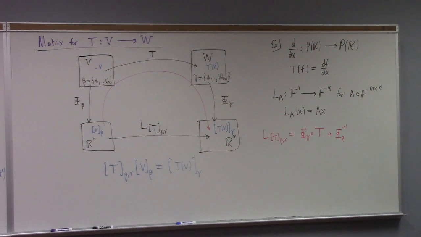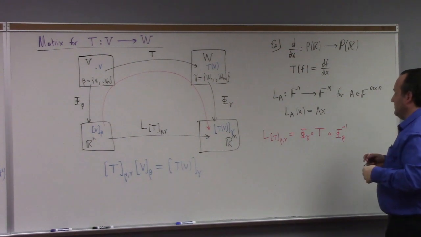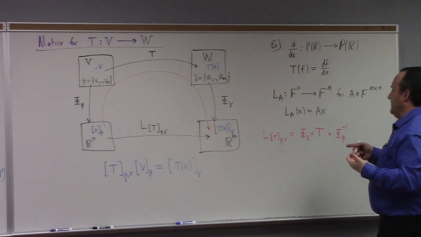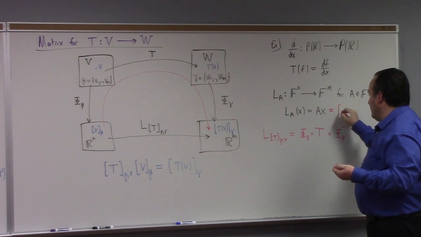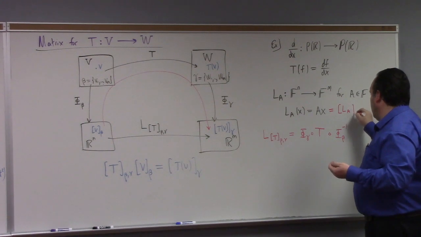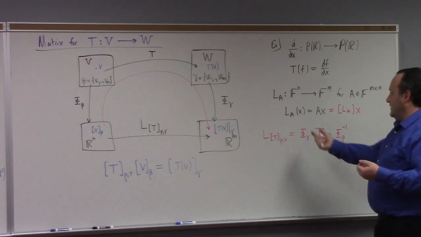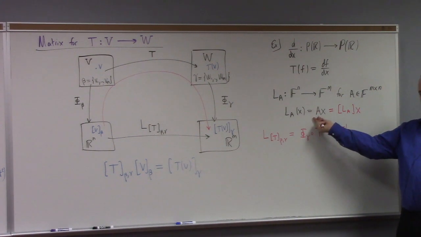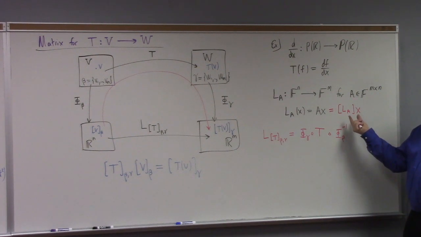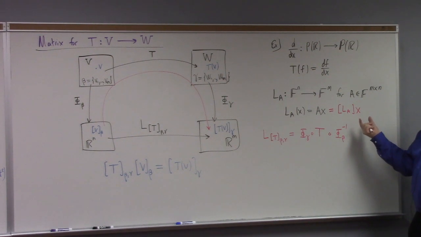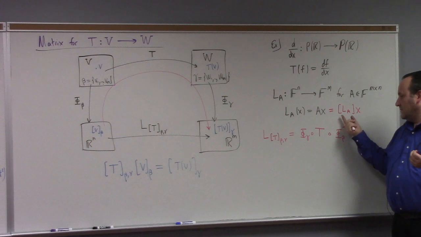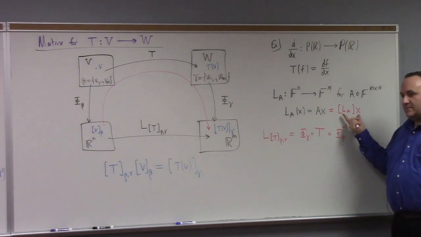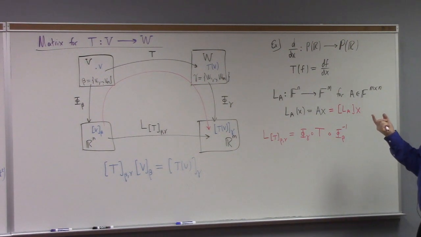By the way, what is this in terms of your 221 notation? This is the standard matrix of L sub A, right? This is the matrix that gives you the linear transformation's action. We call that the standard matrix in 221. How do you find a column of the standard matrix? What would you do?